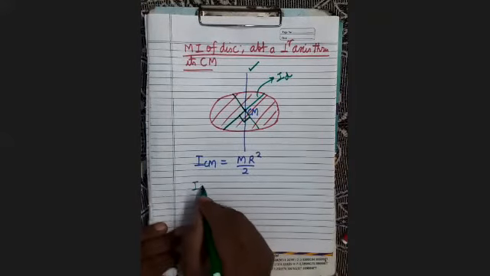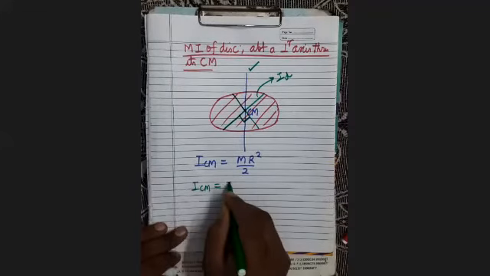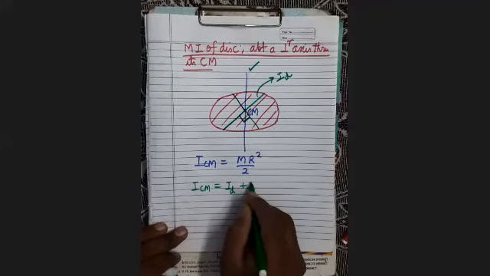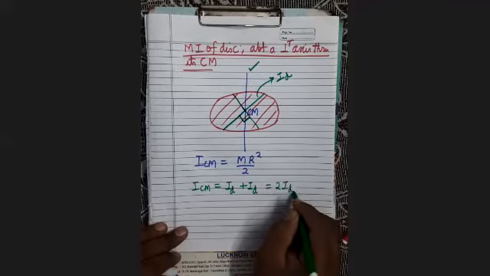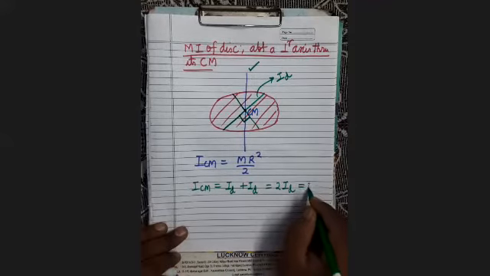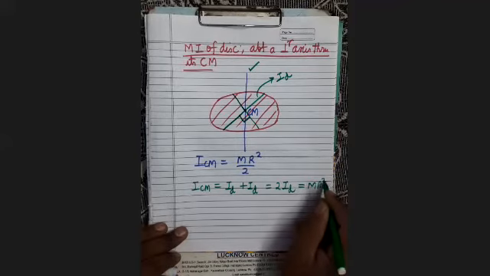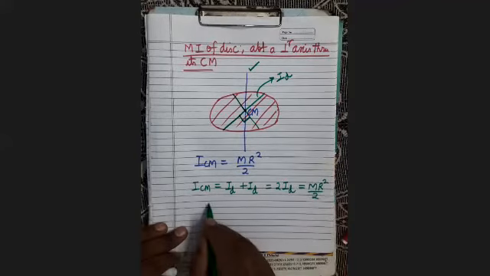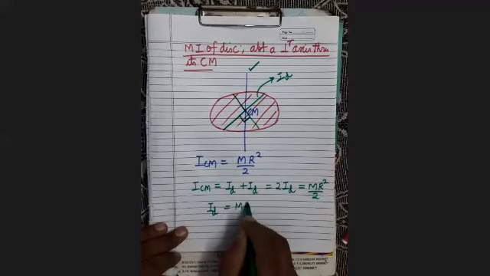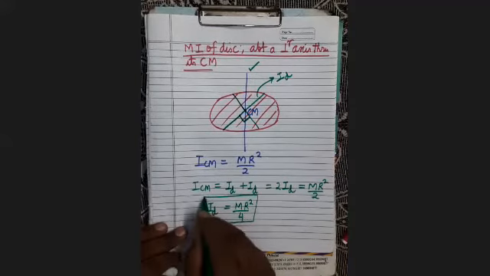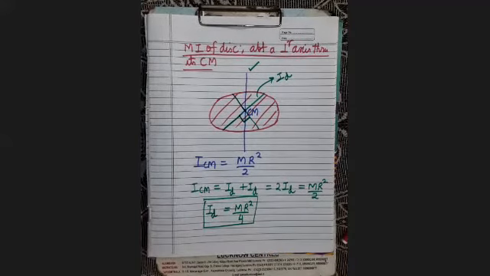That is ICM equals to ID plus ID equals to 2ID. It is equal to MR square upon 2. So what will be ID? It will be MR square upon 4. This will be about the diameter.